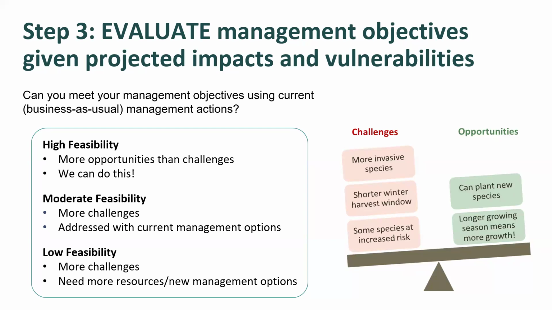Low feasibility objectives are those with substantial challenges that existing management options are not sufficient to overcome. So as you think about feasibility, it can also be helpful to rate feasibility differently over the short term versus the longer term, depending on the resource in question.